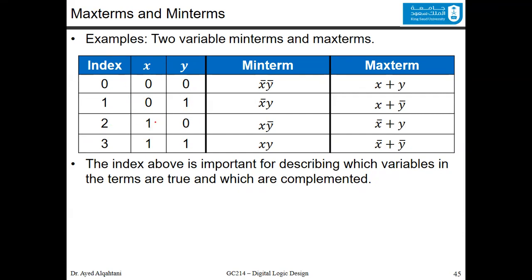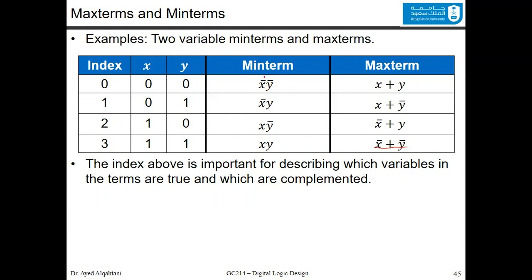For index number 2, you have x bar or y, and for the last one, you have x bar or y bar. So the index above is important for describing which variables in the terms are true and which are complemented.